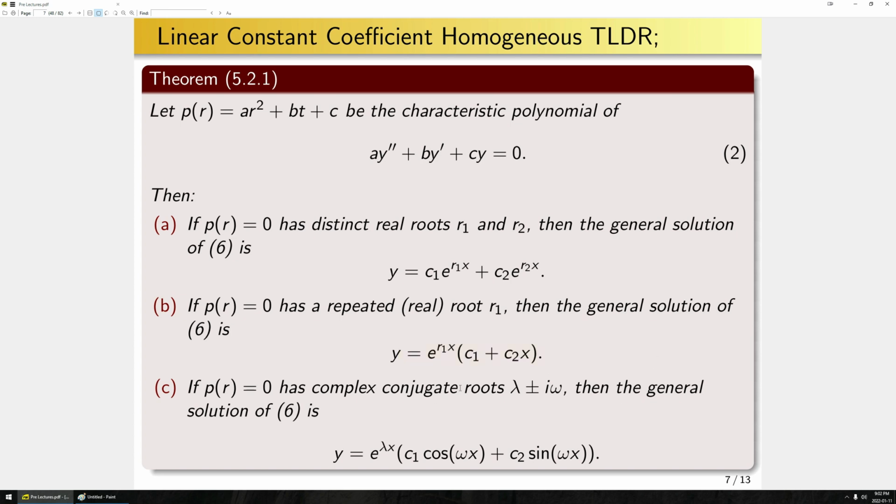And then finally, if we have complex conjugate roots of this form, then the general solution will be given by this form here. Just one comment on the complex conjugate case: what we're really doing here and in the previous work is saying that the real part of what we found for one of these y1 functions is one of the functions that goes into my fundamental set, and then the imaginary part is the other one.